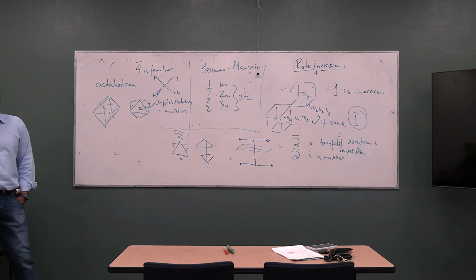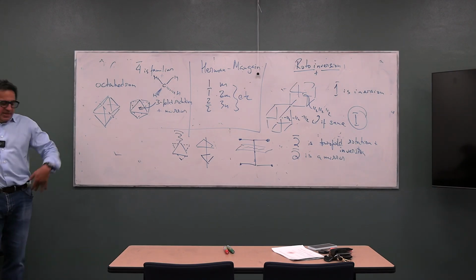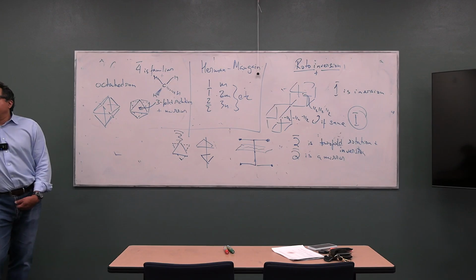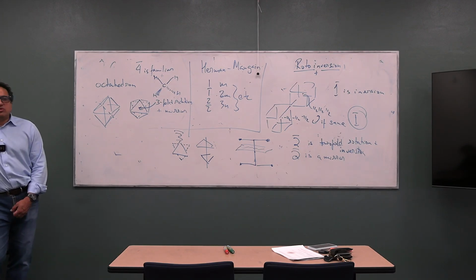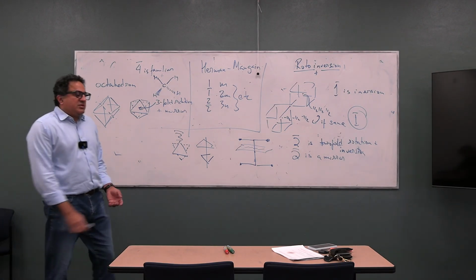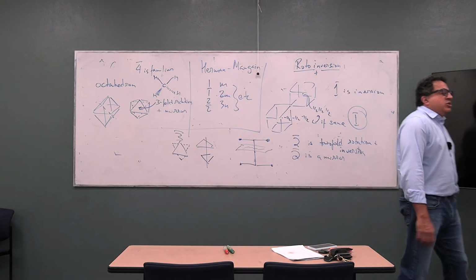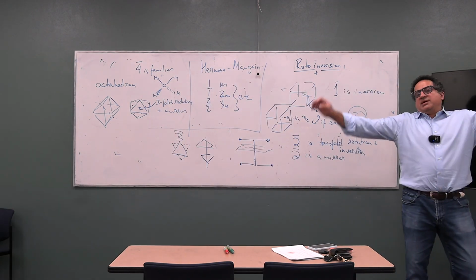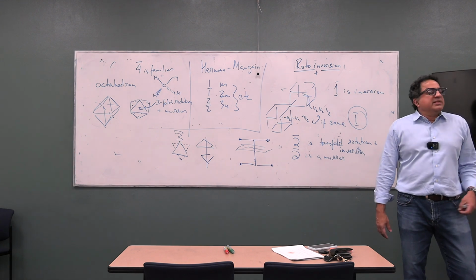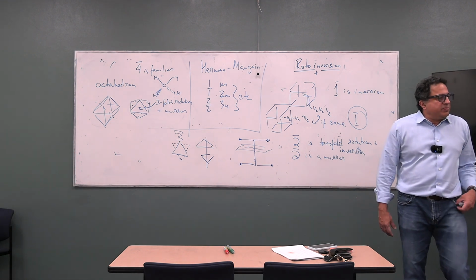Then you remember these things. So that is the first new kind of symmetry we encounter when we go to 3D. We didn't have this in 2D because you can't have inversion in 2D because, well, you could in principle, but it's taken care of with other symmetry operations.